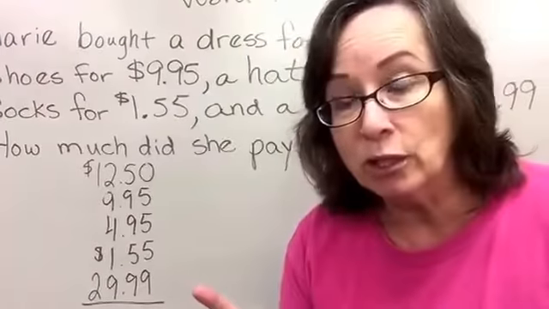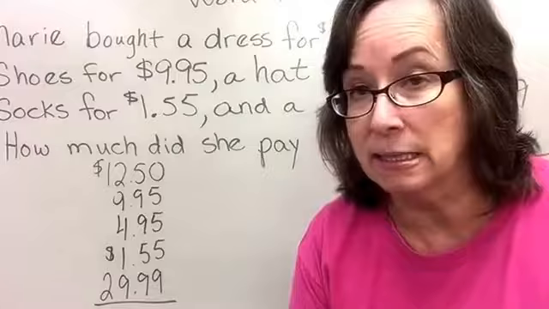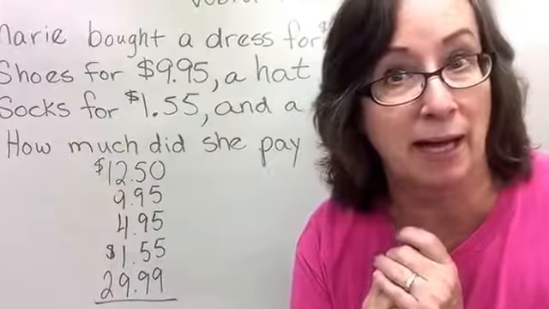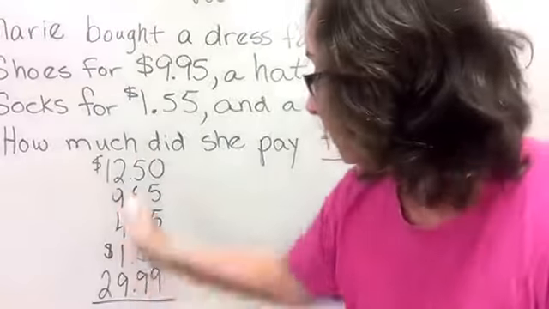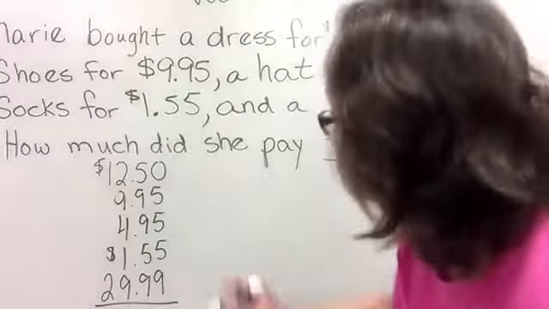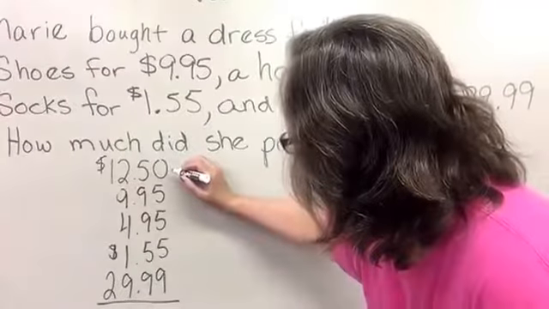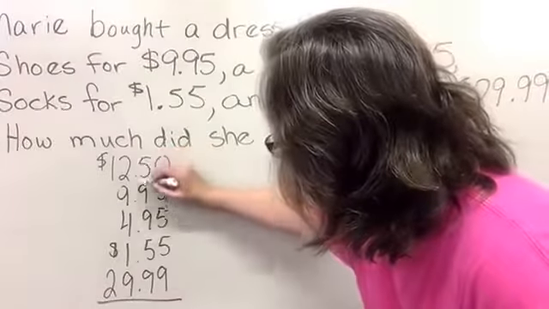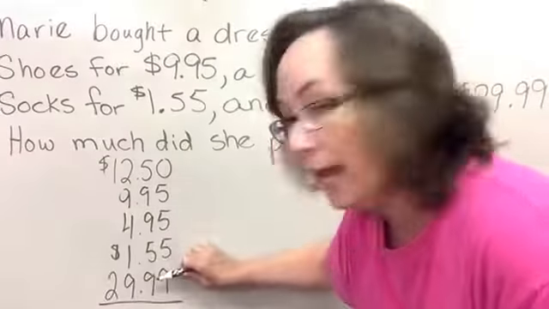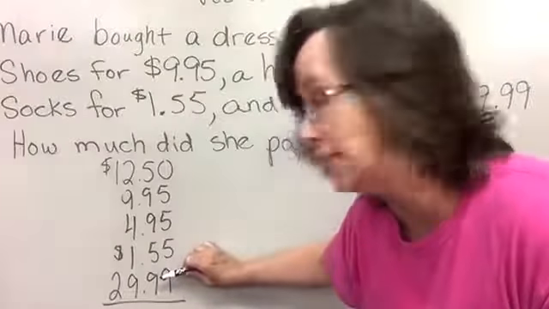Now remember, when I am adding numbers with decimals, I must line up my decimals. And money has decimals. So when I go to adding these together, I have my decimals all in a line, and each number has 2 decimal places for cents.